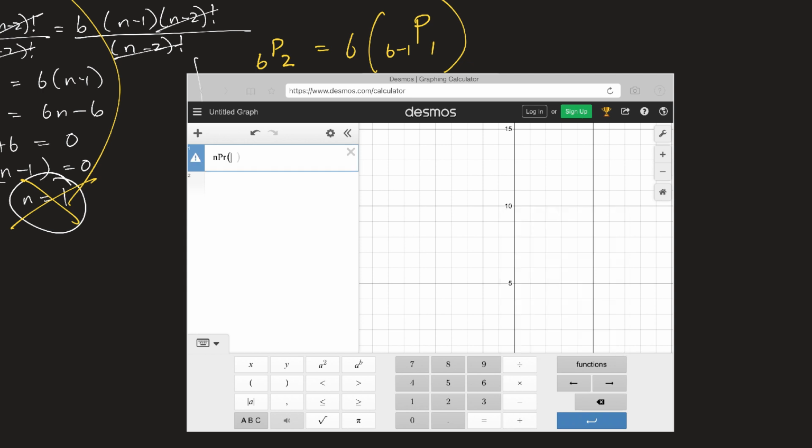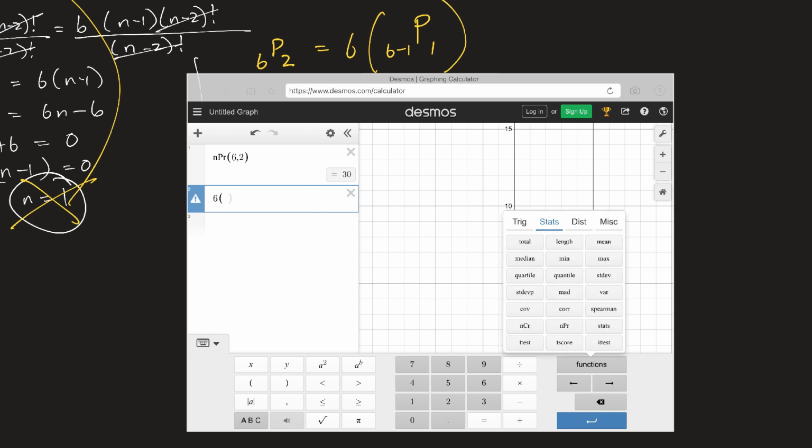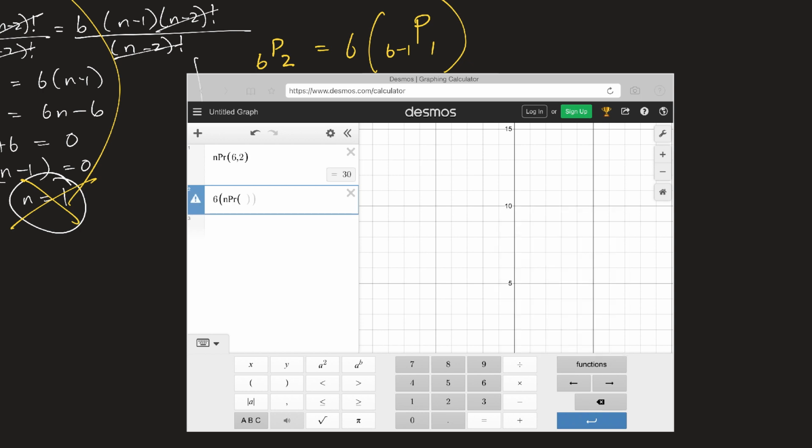So it's nPr, so I put my first number in and then comma the second number. So 6, comma 2. That comes out to 30. On the next one I'll have a 6 and then bracket and then get my pick thing. 6 minus 1 is 5, so it'd be 5, comma 1, bracket, bracket. Both come out to 30, so 6 works. Okay, hopefully that helps you.